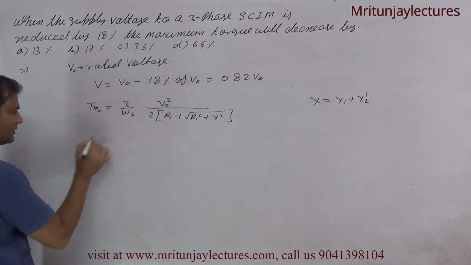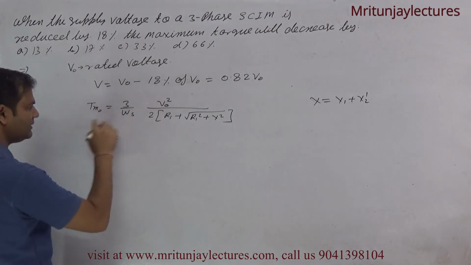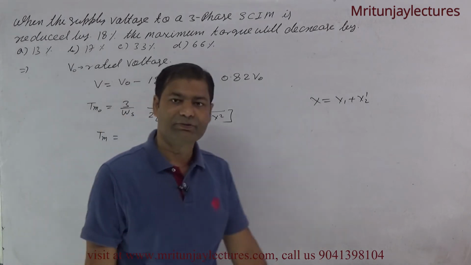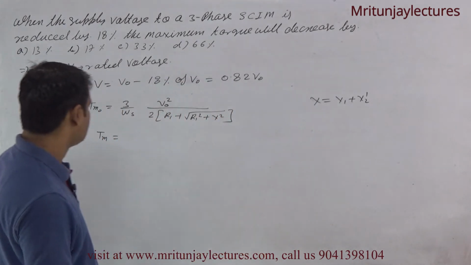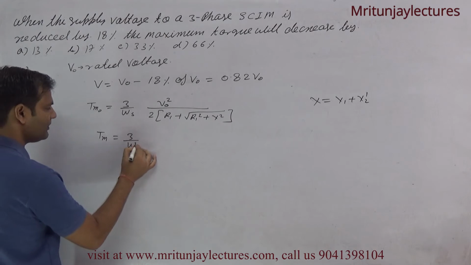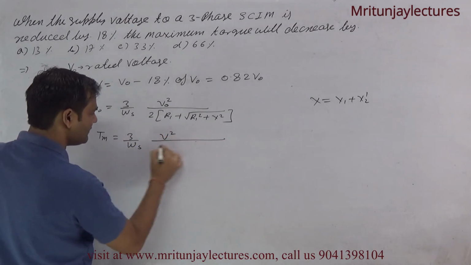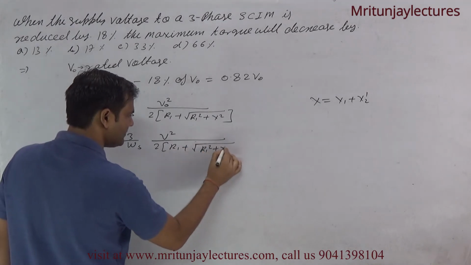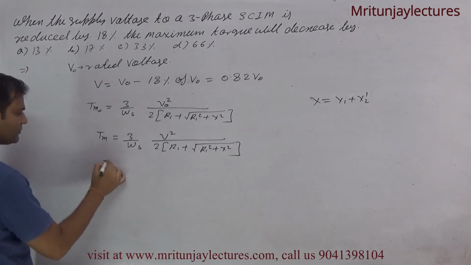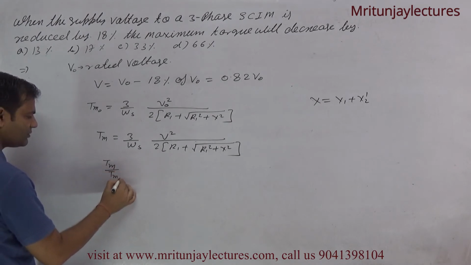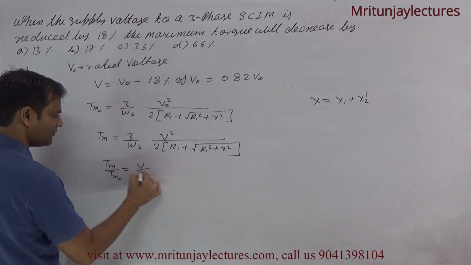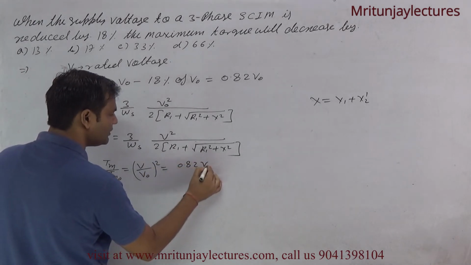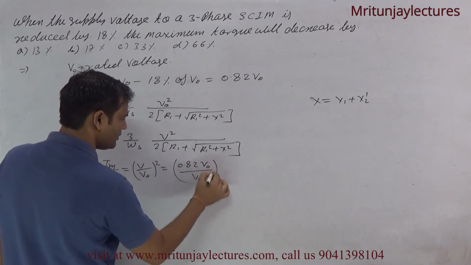If V changes, then the maximum torque also changes. So finally Tm upon Tm0 is equal to V upon V0 to the whole square, that is 0.82 V0 divided by V0 to the whole square.